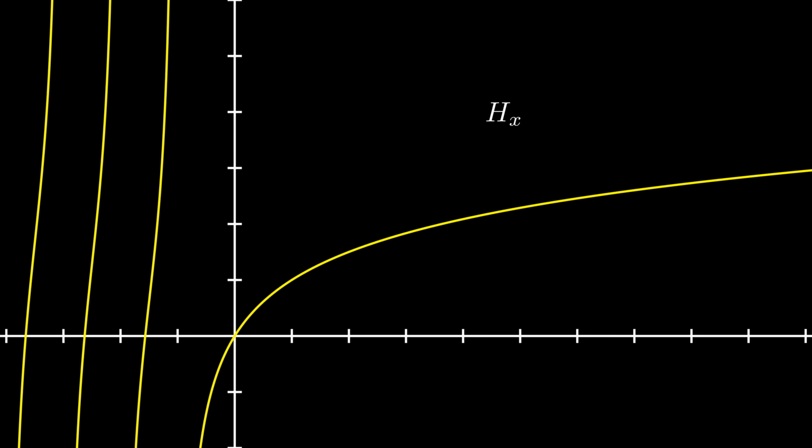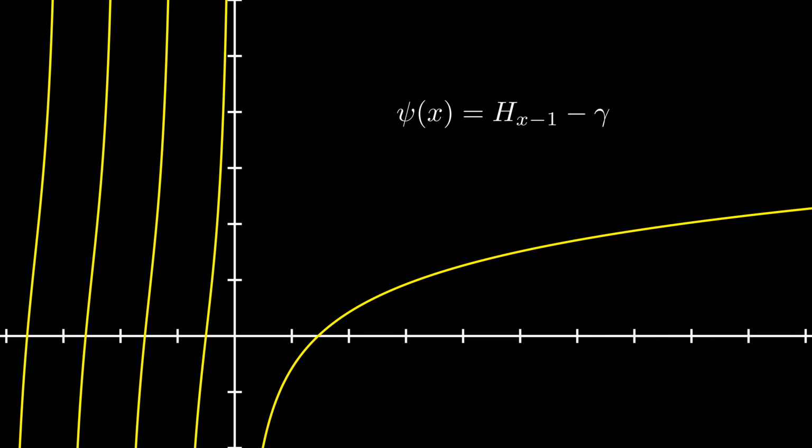At the end of my last video, I mentioned that the harmonic numbers are a shifted copy of a function called the digamma function. Well, what that function is defined as is the logarithmic derivative of the gamma function, so that's where the connection comes from.